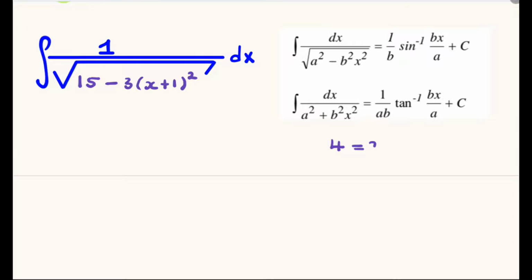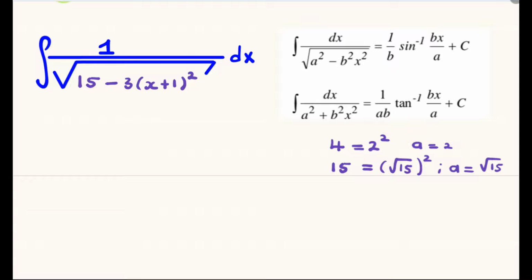This was going to be written as 2 squared, and our a was going to be equal to 2. Now that we have 15, we are going to rearrange it as the square root of 15 squared, and the a in this instance will be equal to the square root of 15.